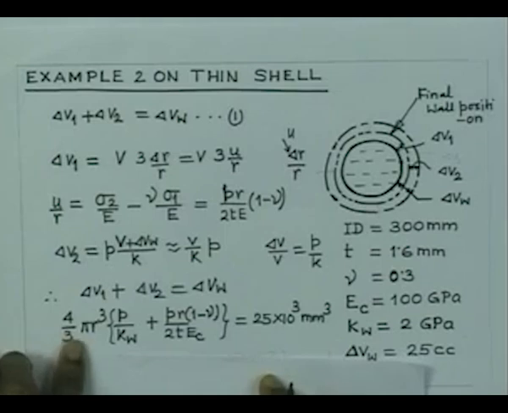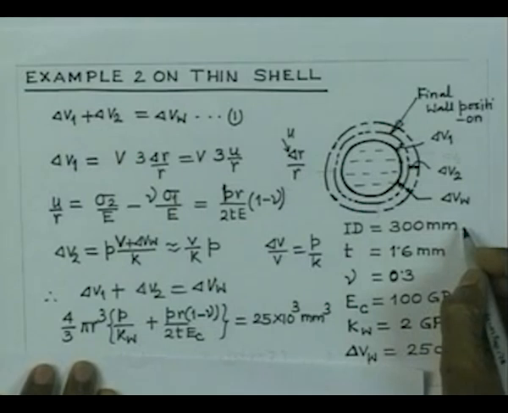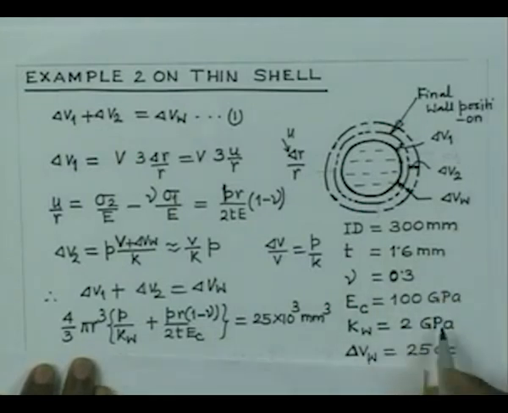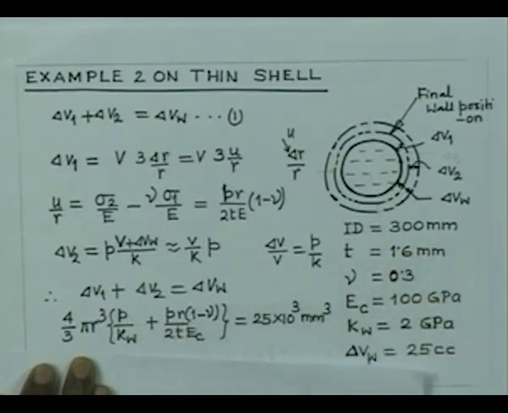So, here you have written everything in Newton millimeter unit, and R is nothing but 150 millimeter, and all the values: KW 2 GPa, EC is 100 GPa, nu is 0.3, R is given 150.